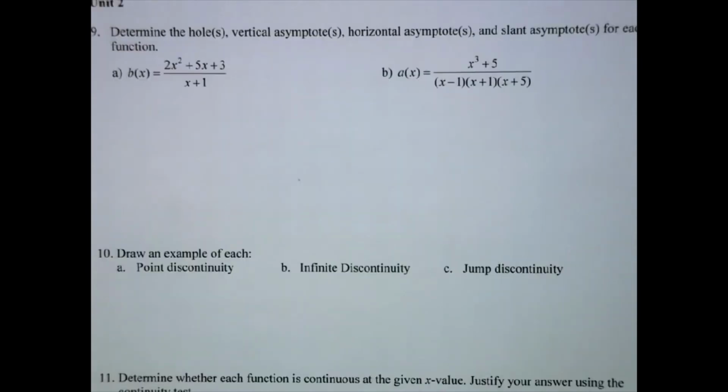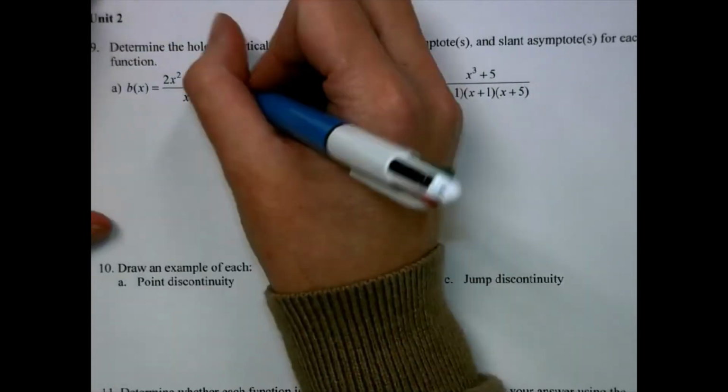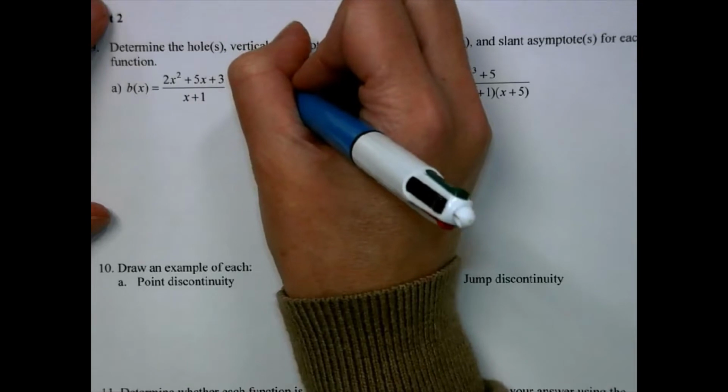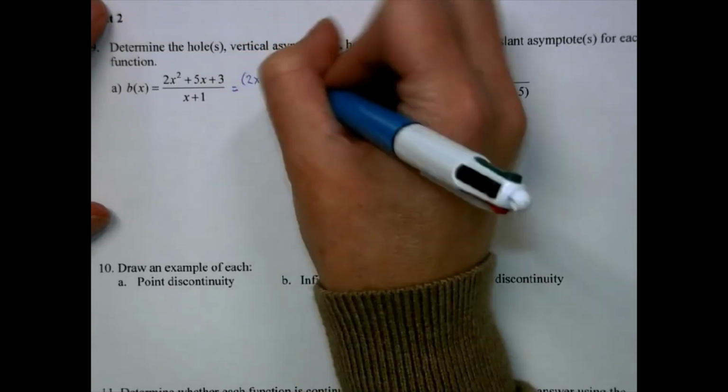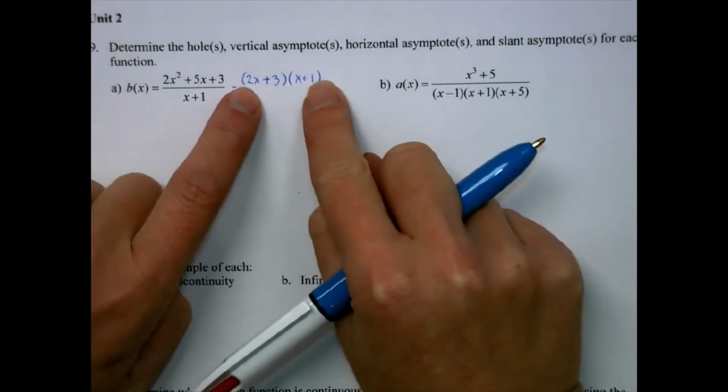All right, I went over the rules for these types of problems in the free response portion of the video. So the first thing we need to do is factor to see if there are any points of discontinuity. So this is going to be 2x plus 3 and x plus 1, which gives me 2x squared plus 2 plus 3, which gives me 5.